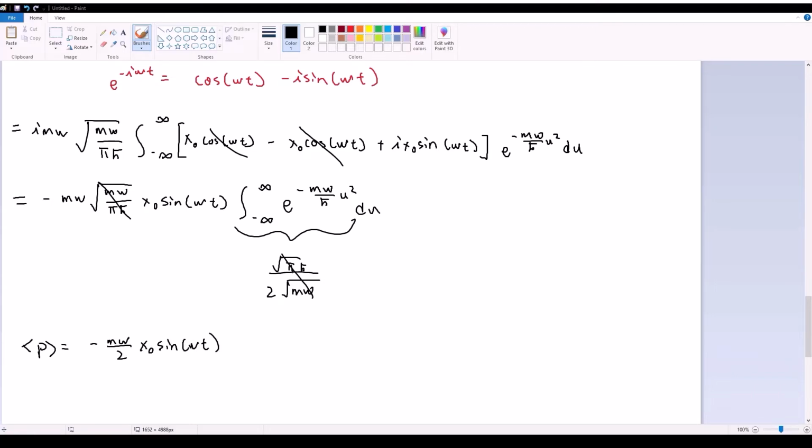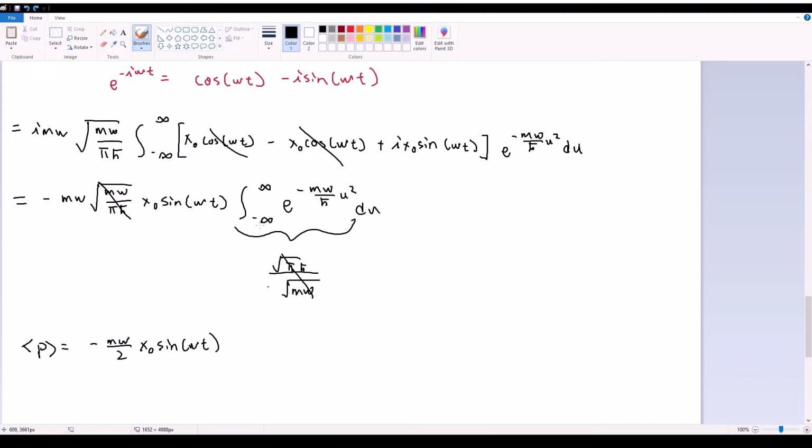Let me just double check that this is in fact correct. Negative m omega x naught sine omega t. Okay, that's where I went wrong. Apologies. This actually doesn't have a 2 because I did not multiply a 2 at the front and set this equal to 0 like I did previously.